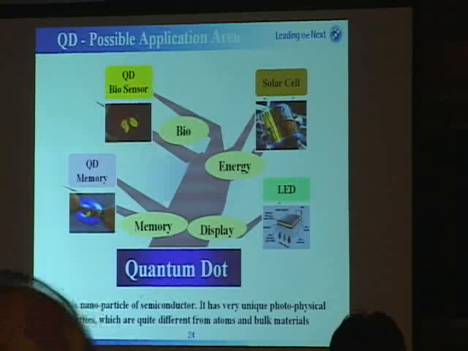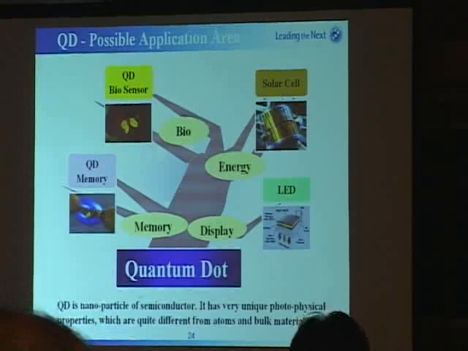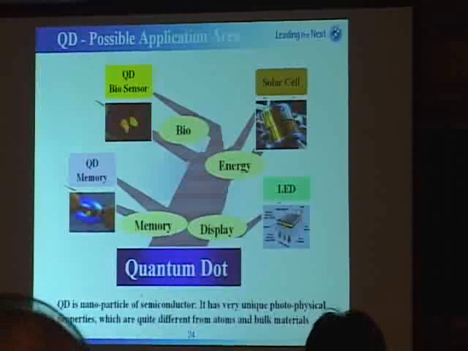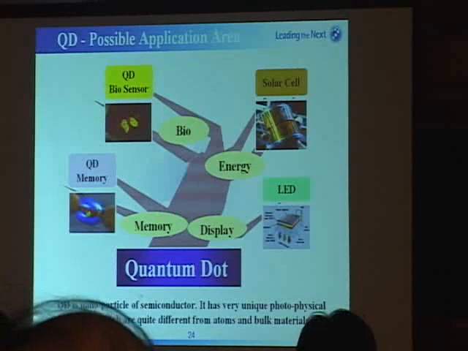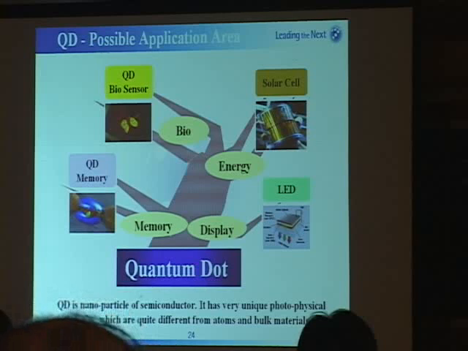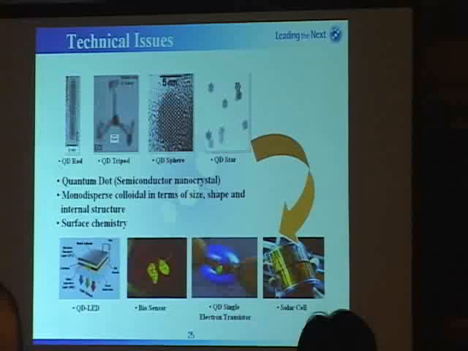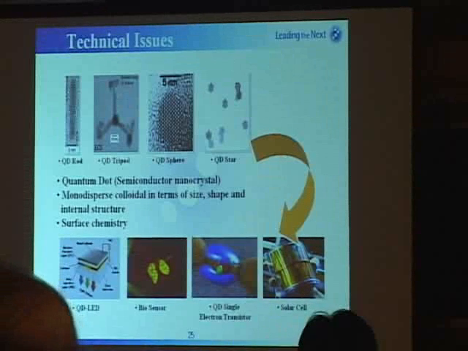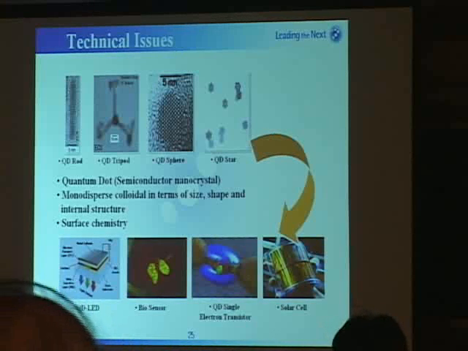In application, display areas have light-emitting devices, and in energy areas, solar cells, quantum dot biosensors, and quantum dot memories. In order to realize these applications, there are some technical issues.